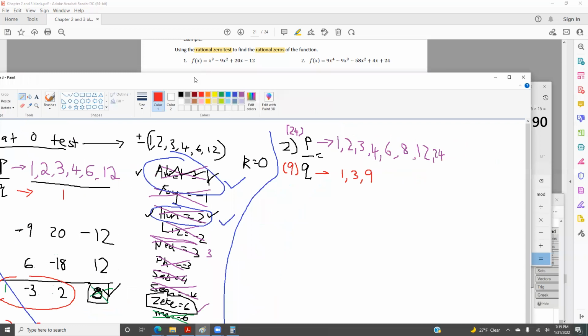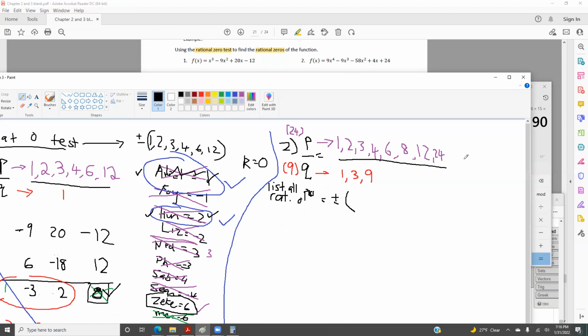Oh boy, this is going to be fun. So can you use the rational zero test to list all the possible rational zeros? So what you need to do is divide these with 1, divide these with 3, and divide the purple ones by 9.